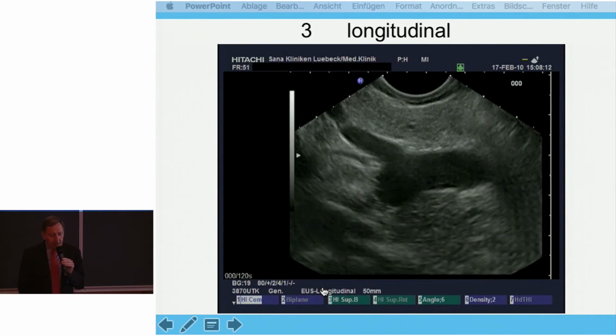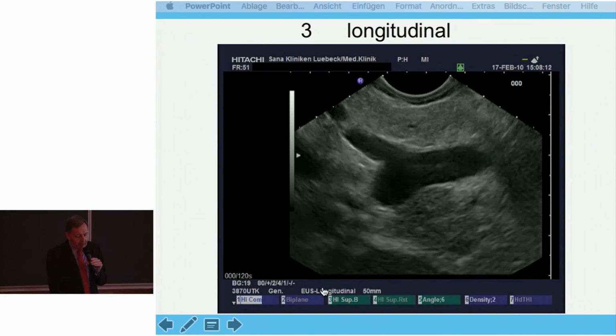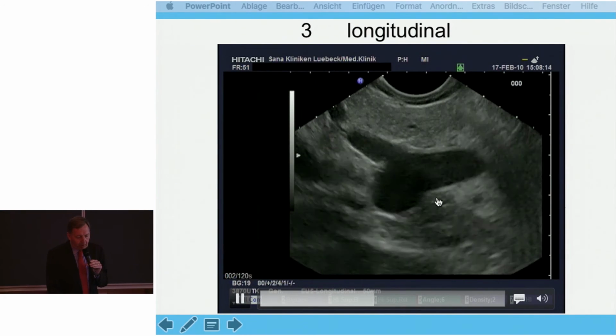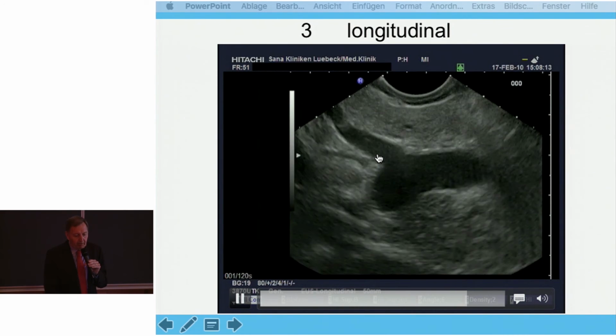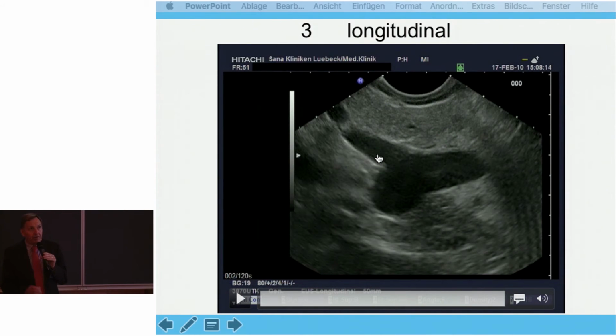Another typical image is the inflow of the superior mesenteric vein in the splenoportal confluence together with the splenic vein. This is easier with the longitudinal scan, but it's a very important section to find the common bile duct if you are at the level of the fundus and of the cardia.